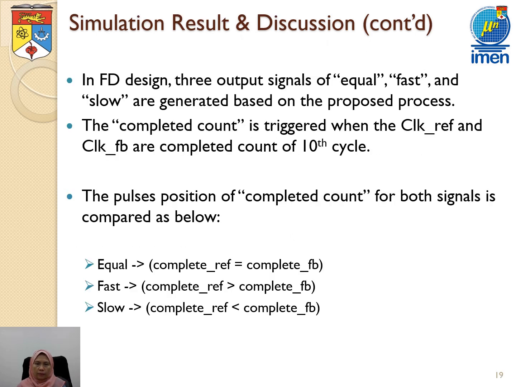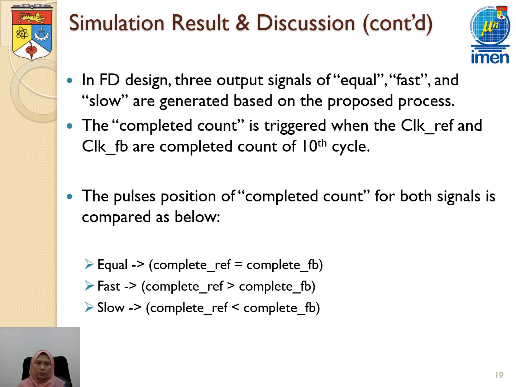So in the frequency detector design, we have two input signals, feedback clock and reference clock, and there are three output signals: equal, fast and slow. The complete count is triggered when the clock reference and clock feedback have completed a count of 10 cycles.